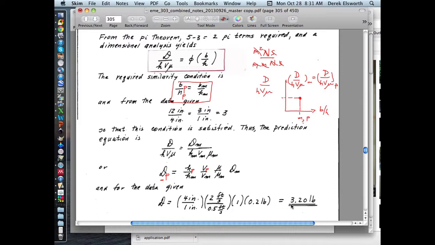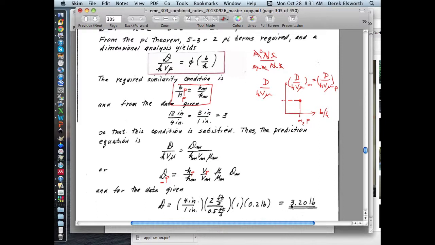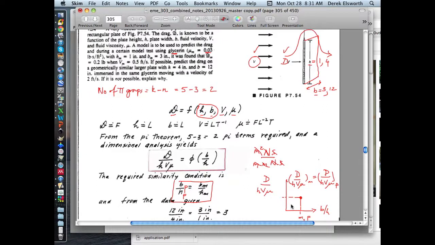If, for instance, we thought that in looking at this behavior, say the width of this might be important, then we'd have another group here. And instead of being 5 minus 3, we'd be 6 minus 3, and we'd have 3 groups.